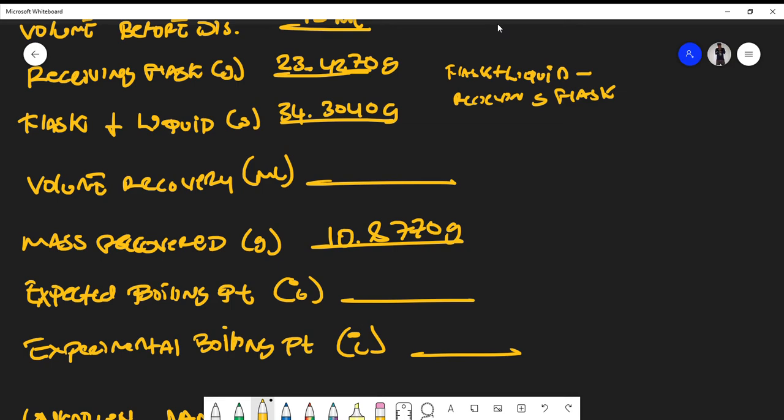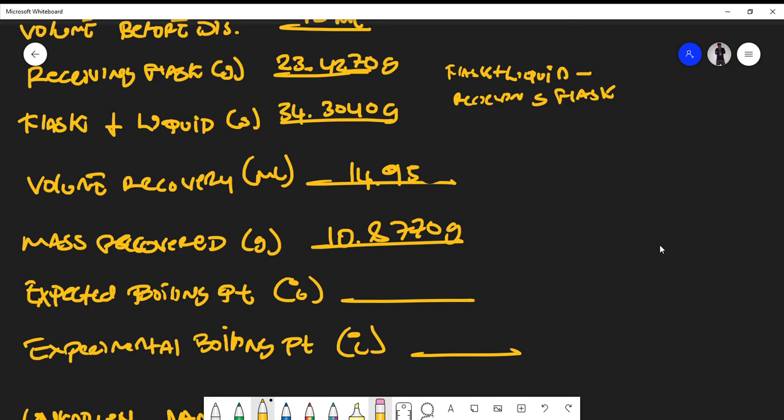But since we do not know the density, this is simply a measurement in a graduated cylinder. And when I did my measurement, my volume recovered in the flask was about 14.95 milliliters. Now, the better way to do this is what we're thinking.